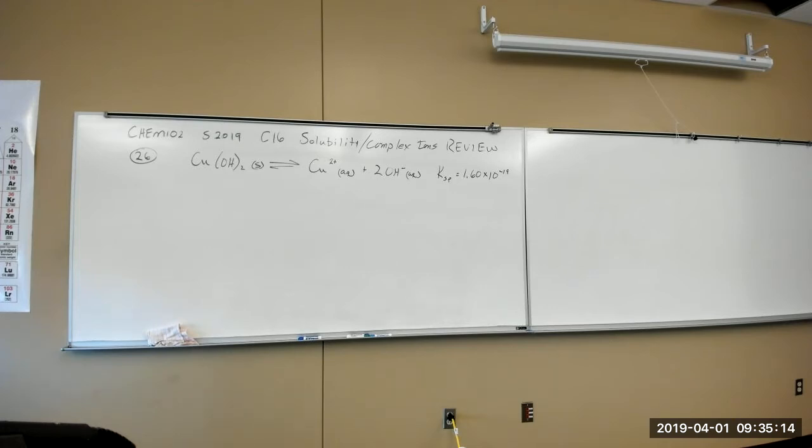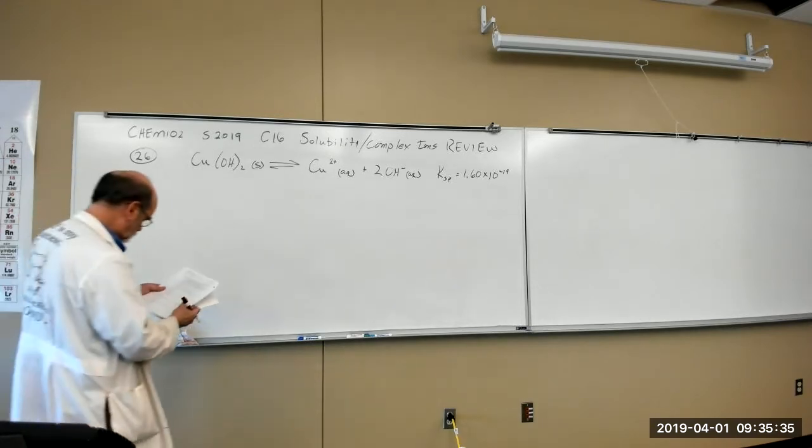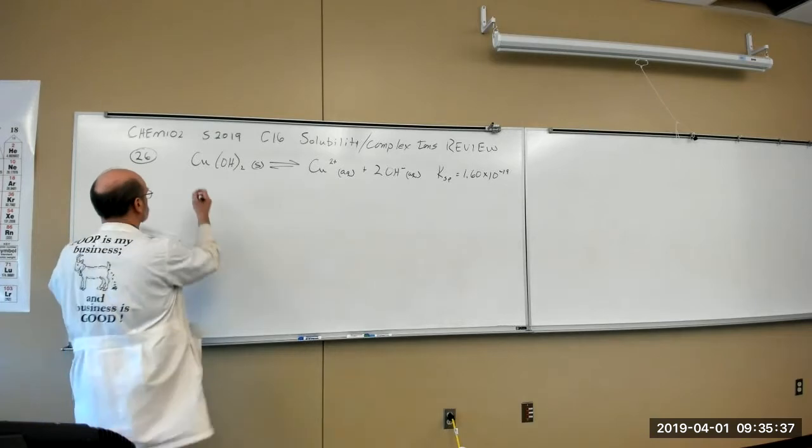And then when we put them together, you name the ligand first. Tetraammine cuprate? No, copper 2. Tetraammine copper 2.